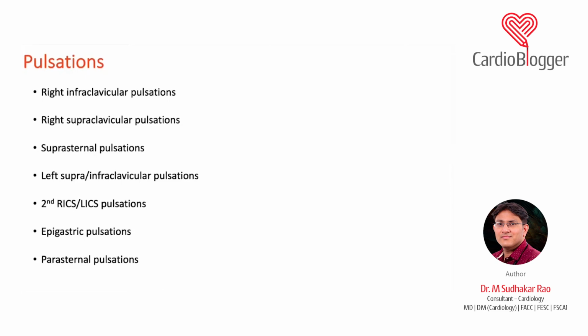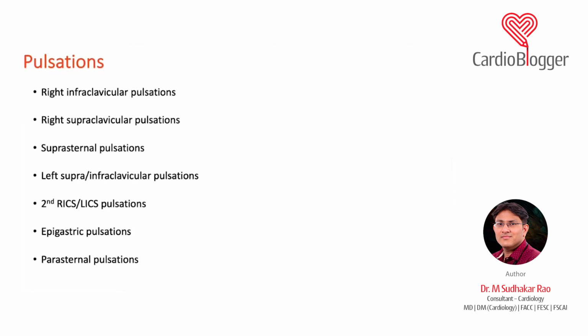So any condition which causes increased flow across the arch, let it be aortic regurgitation in a patient with hypertension, patent ductus arteriosus, or conditions like the aortopulmonary window, and hyperdynamic conditions like anemia, thyrotoxicosis and so on, you can get suprasternal pulsation. So suprasternal pulsation suggests that there is increased flow across the arch. So you should always look for the suprasternal pulsation.